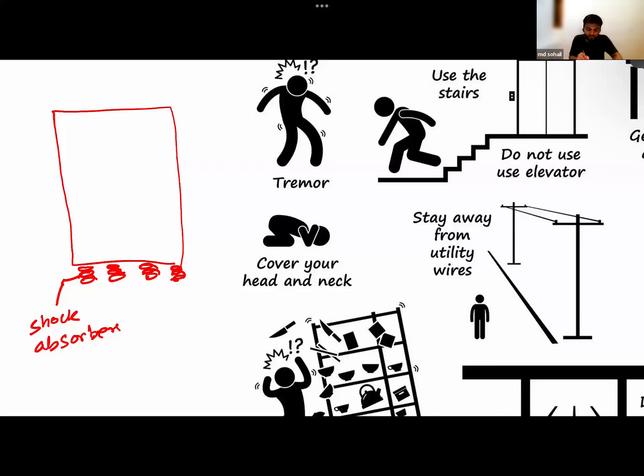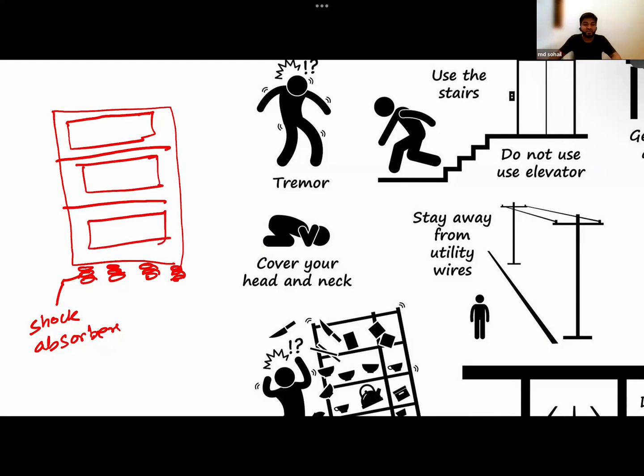And one another thing needs to be taken care of, that the walls of the buildings, like these are different floors, need to be reinforced with steel. There's a technique called cross bracing, in which steels are put across the walls like this, right?